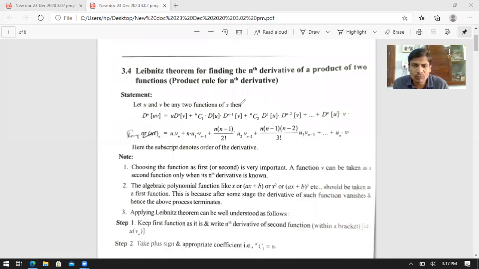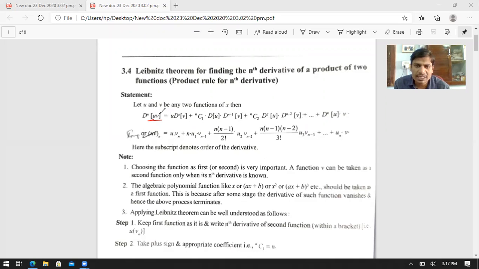Then the nth derivative of u into v is equal to u into the nth derivative of v, plus nC1 into the derivative of u into d^(n-1) of v, plus nC2 into d square of u into d^(n-2) of v.